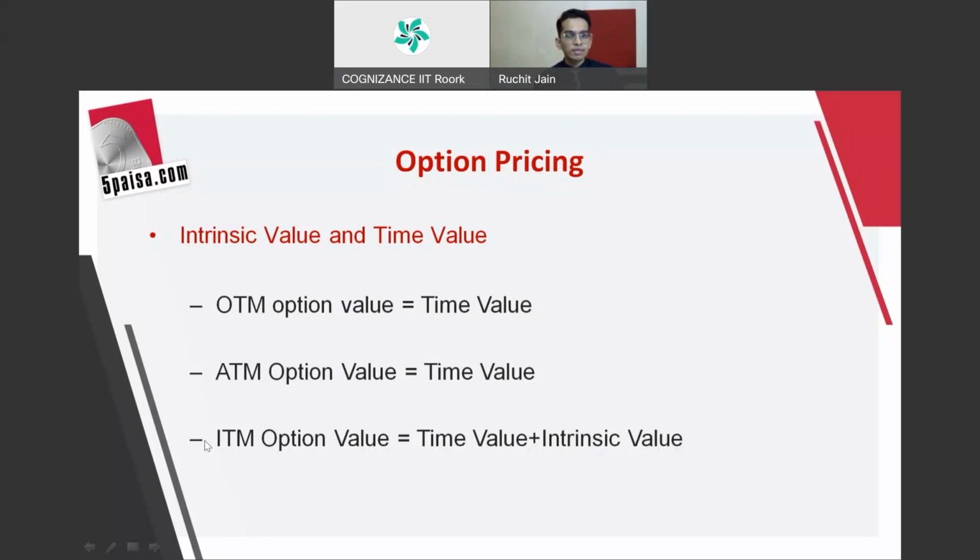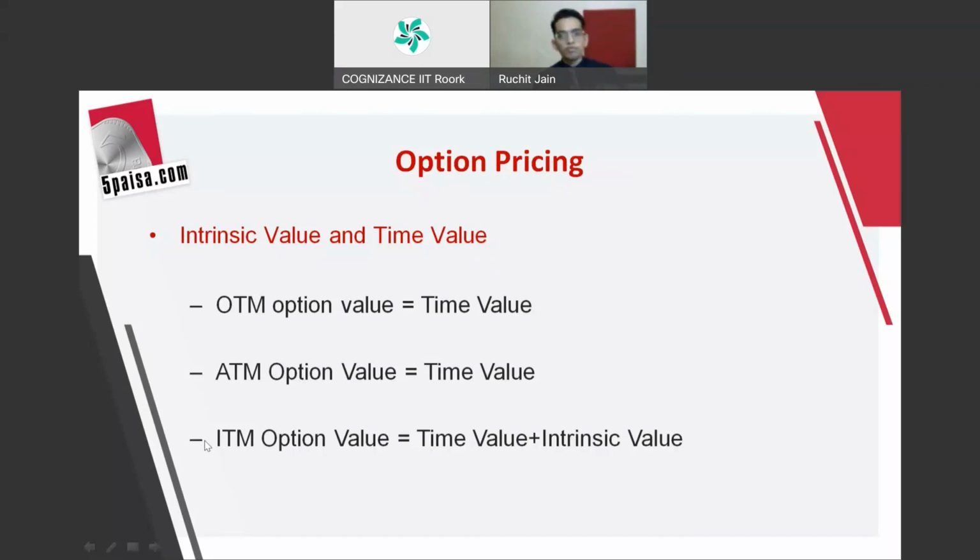What is intrinsic value? Intrinsic value is equal to current market price minus the strike price. Simple formula. So if the current market price for Nifty is 17,000, the 16,800 call option is an in the money option, right?